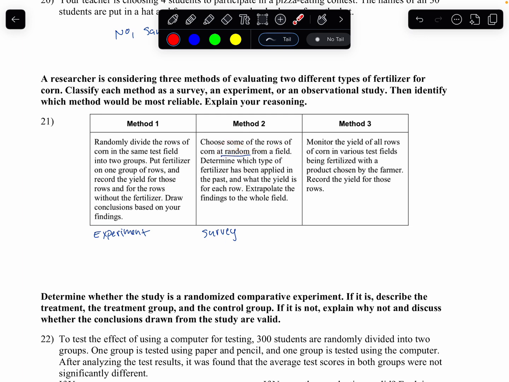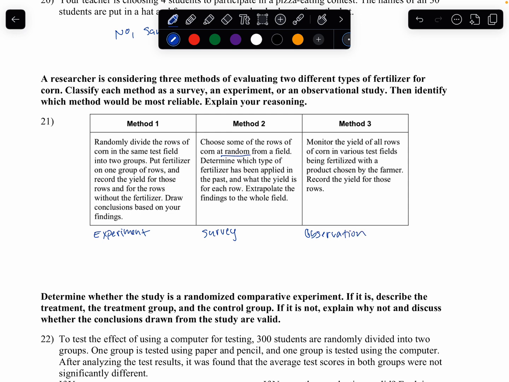In an observational study and in an experiment, it's likely that you're going to use everything. Experiment, obviously there's some sort of treatment. Observational study, you're just merely observing effects. But a survey will just take some of it and then apply the finding to the whole thing. So that's a survey, which means 3 is likely an observational study.